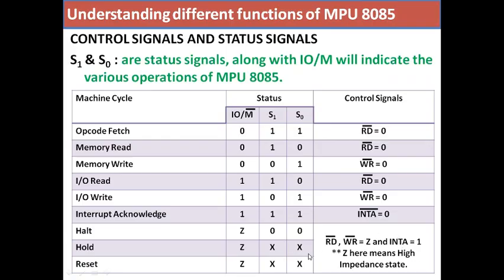Now we can again see here RD and WR, that is the read and the write terminal, are both in the high impedance state. Okay, now the hold state. Hold means if the microprocessor has to go into the hold state for DMA operation, then the IOM bar terminal will be in the high impedance state, and it doesn't matter whatever there is in S1 and S0.